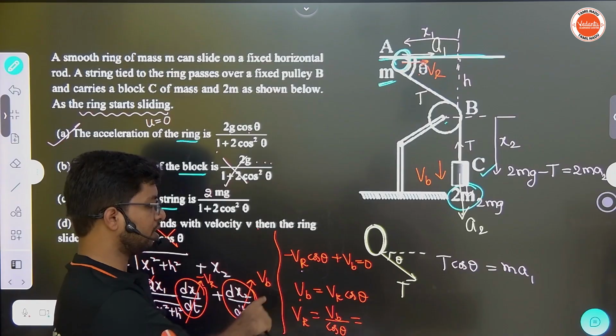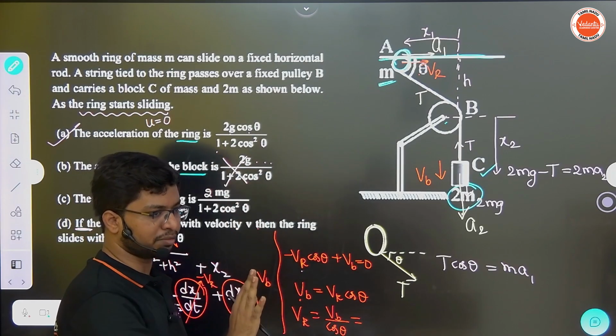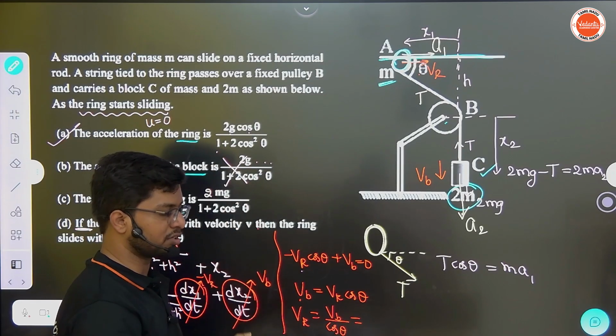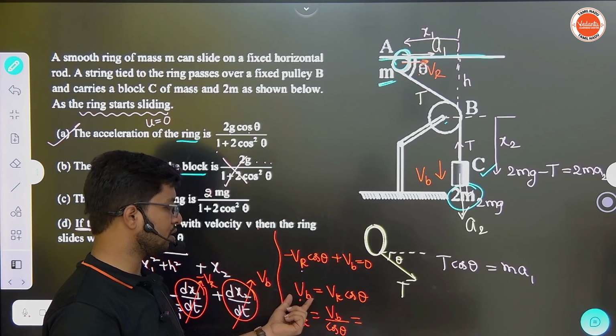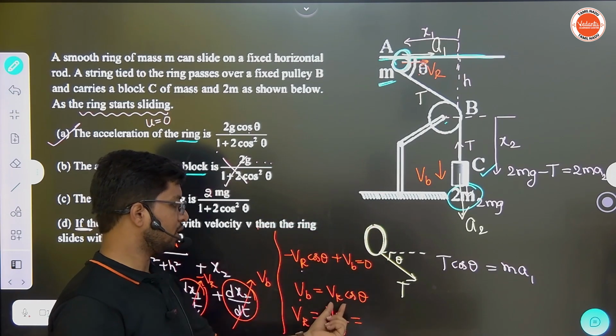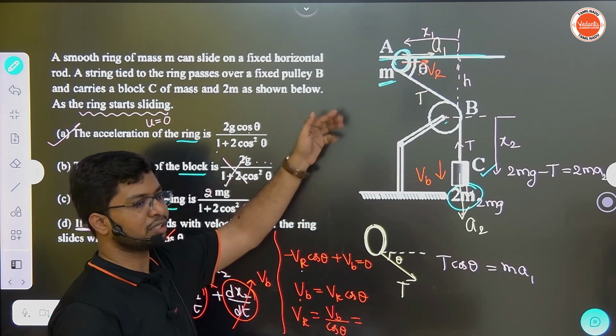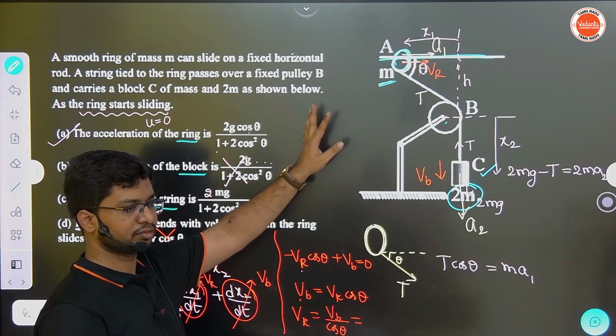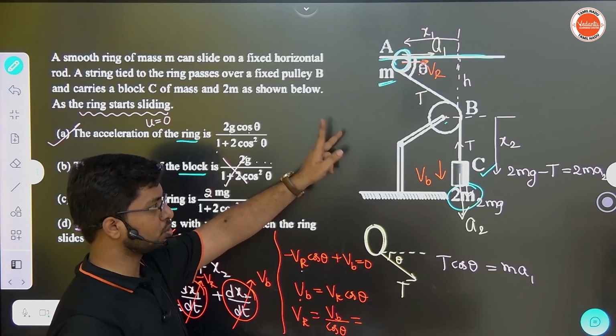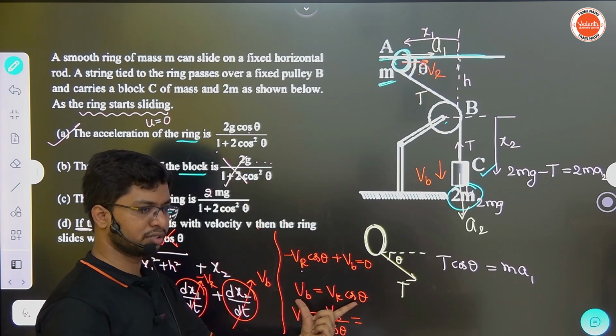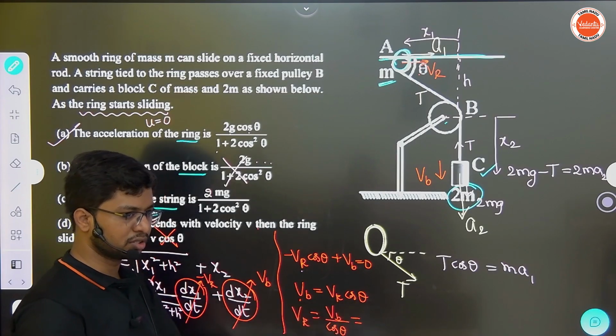Understood? These are the velocities at some instant of time. Vb is the velocity of the block at some instant of time, and Vr is the velocity of the ring at the same instant. At the same instant, those two velocities will follow this relation. Understood?